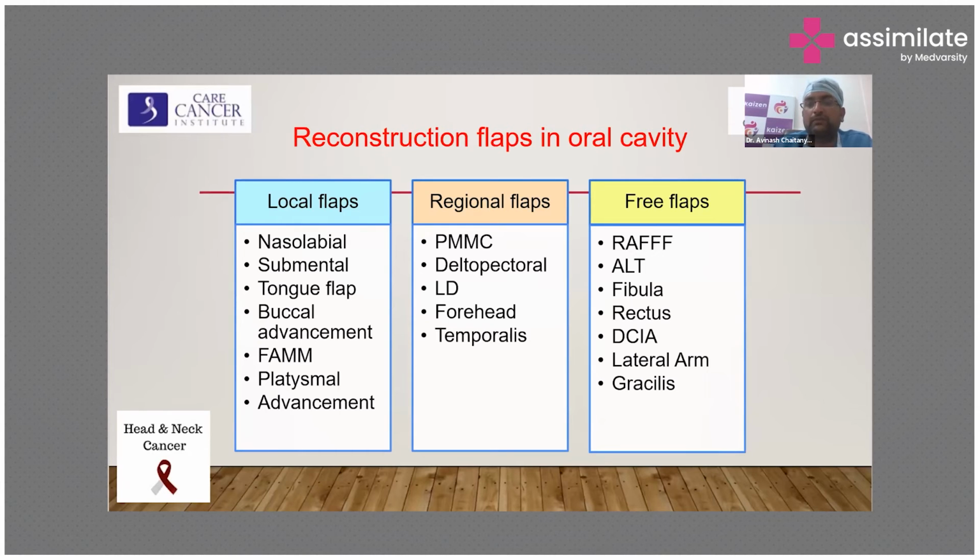It is called free because it is a free tissue transfer, that is tissue from a distant site, either the forearm, the thigh, or the abdomen. It can be used along with its blood supply and anastomosed to the blood supply in the neck, so that the tissue will gain blood supply and can be used for reconstruction.